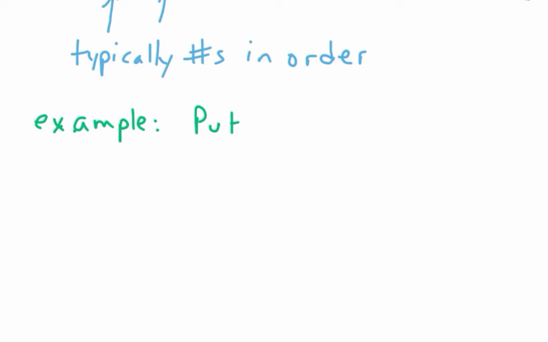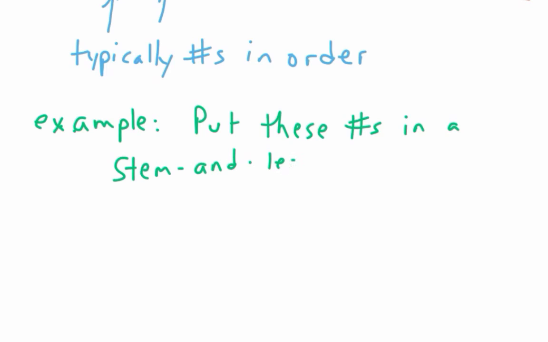So put these numbers in a stem and leaf. And I'm going to give you the numbers 18, 27, 14, and 6. See if in the next, I don't know, minute, 10 seconds you can get these things in a stem and leaf. Mark, set, go.